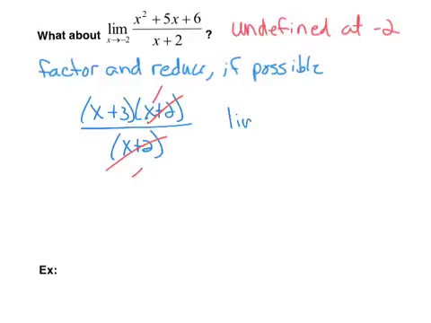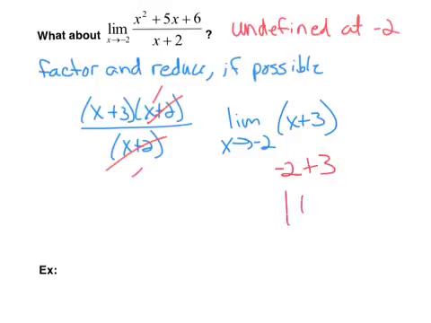As far as the limit goes, this function will yield the same answer. I'm now evaluating the limit of x plus 3 as x approaches -2. So now I can evaluate because it doesn't have any issues. All I have to do is substitute in -2 plus 3, and that limit is 1.